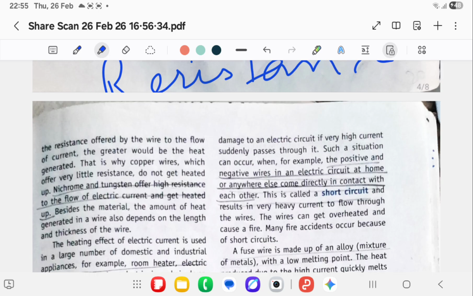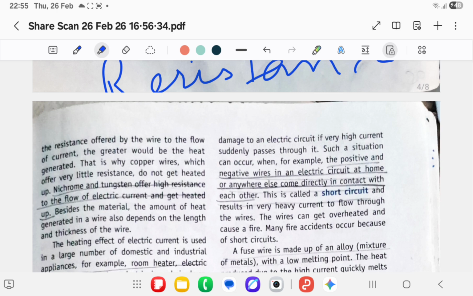Do we require every metal, every wire, to be heated? No, we want the electric current to pass through the appliance in which we want it. So all the wiring where we do not want heating, we use low resistance wire.